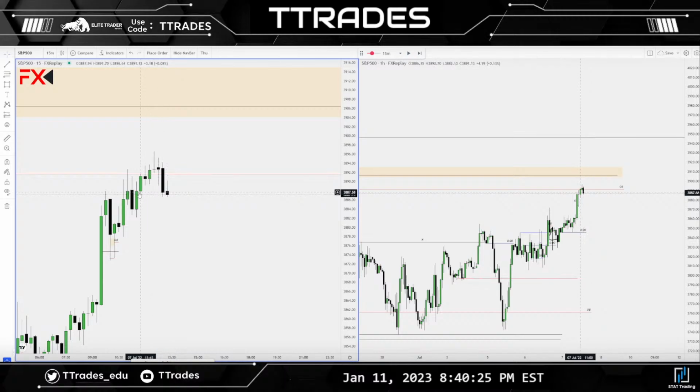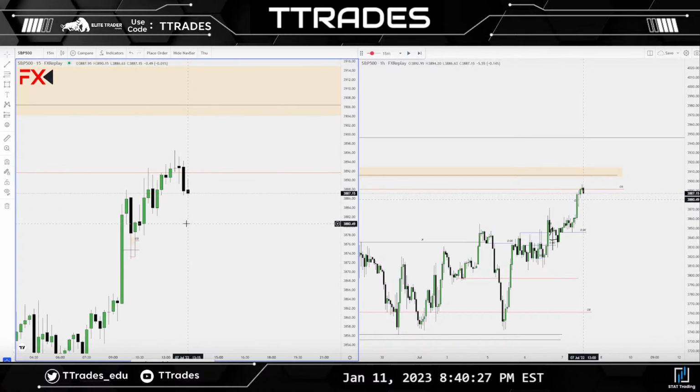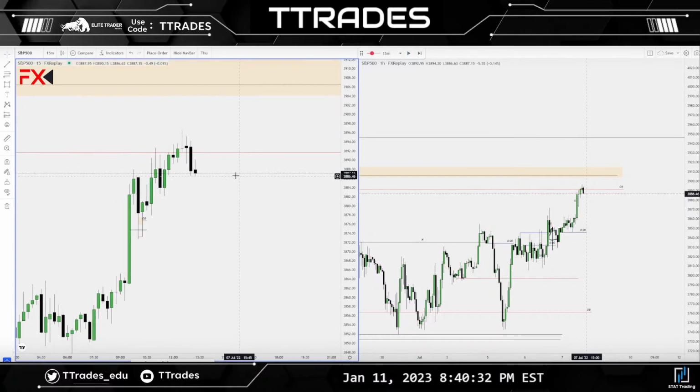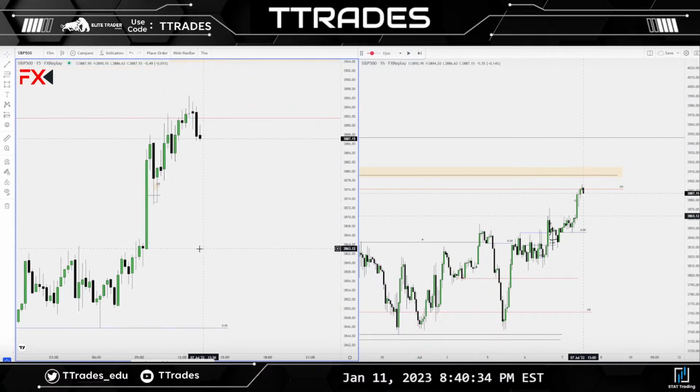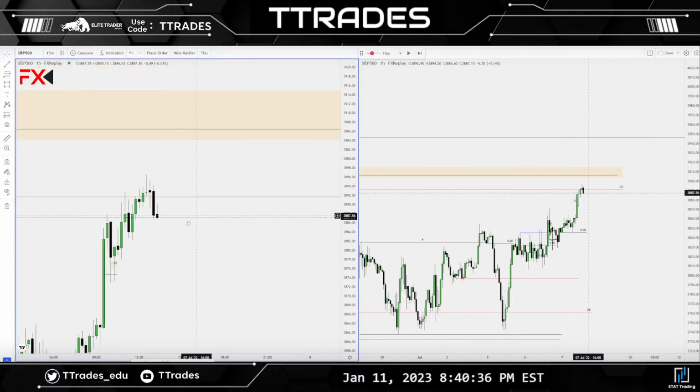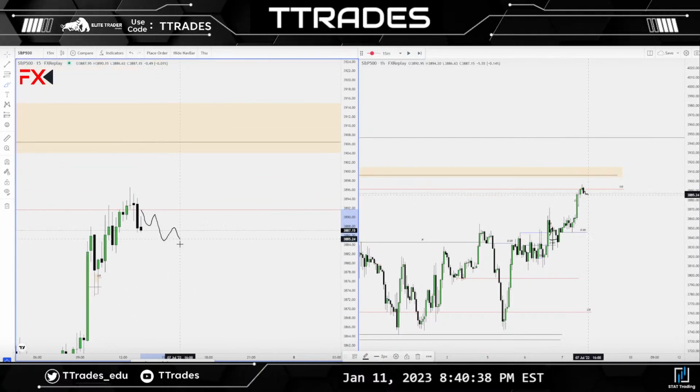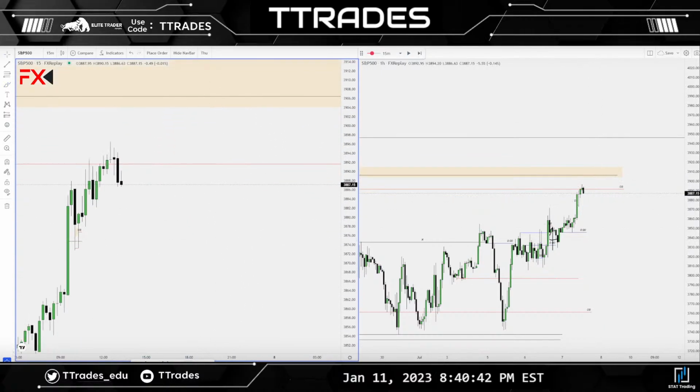It looks like we're into the afternoon session. So we'll either get an afternoon session continuation or a reversal, or just kind of close. But if we are going to have a trend day like this, normally you want it to do something like this and then continue up, right? Because you have your open, high, low, close on a candle.